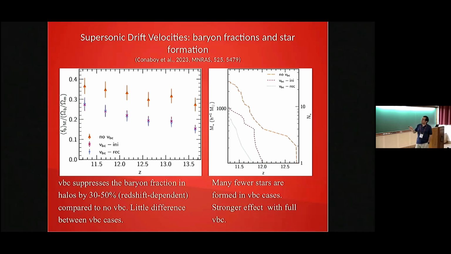If you don't account for it, you get less than the cosmic abundance, but still relatively high, and then you get suppression if you include the baryon drift. And for the number of stars, again, you get massive suppression. This is without the effect, this is partially included, and that's fully included.